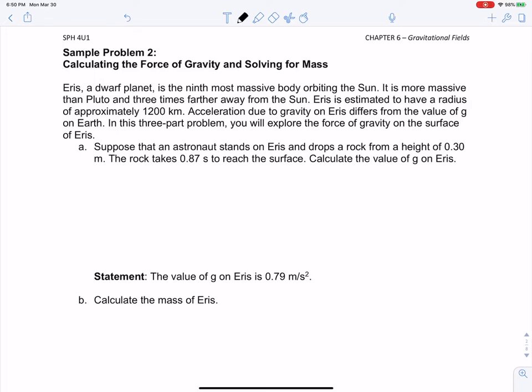So we're given the vertical displacement. We know the time it takes to fall, that's 0.87 seconds. And what we need to find is the acceleration in the y direction, which is equivalent to the gravitational field intensity of this planet. We're going to look to our kinematics equations.